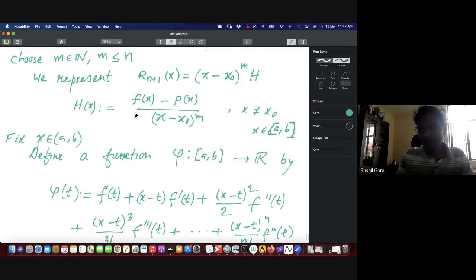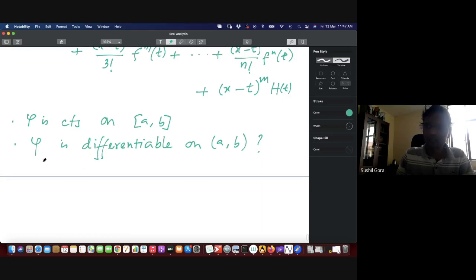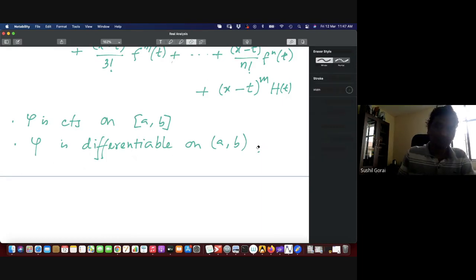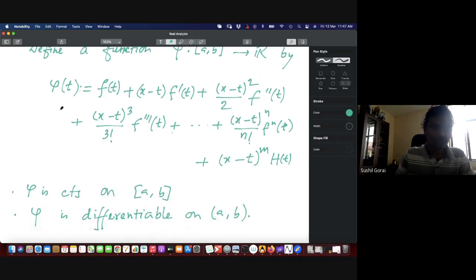So that will give you the differentiability of phi, right? So it would be differentiable. Now x was fixed.